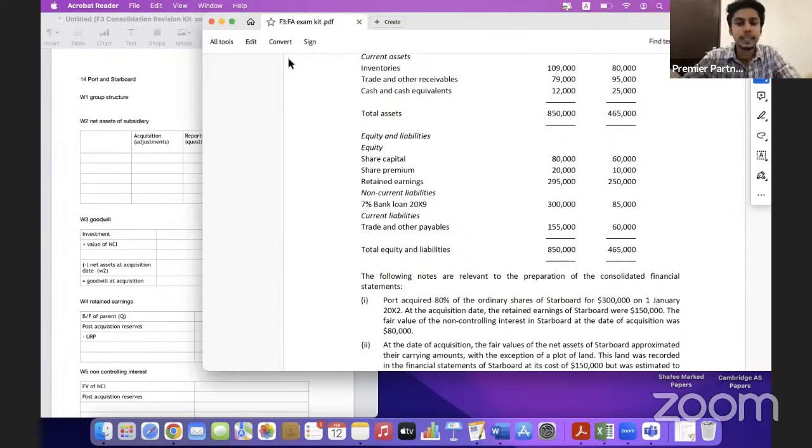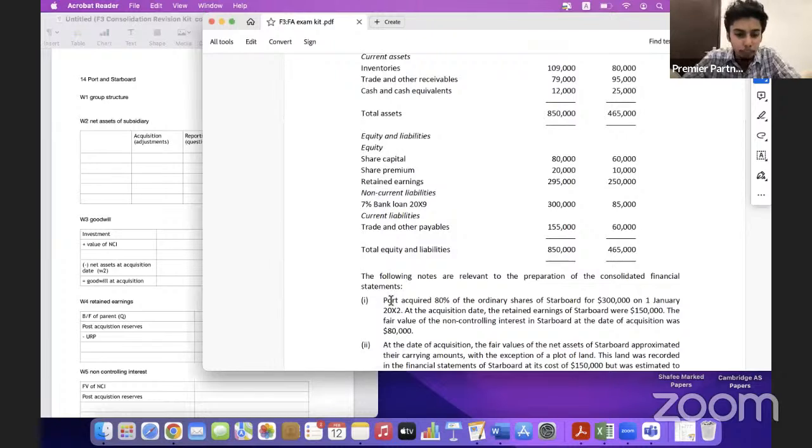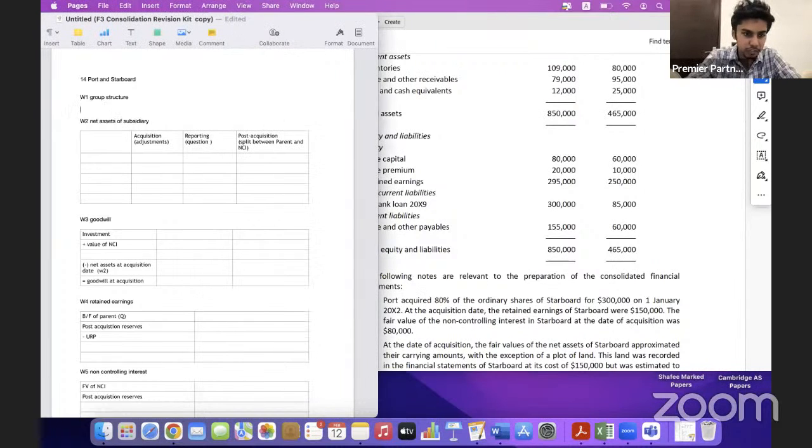Then let's start updating the group structure. In my question, Port acquired 80% of Starboard. If we buy 80%, how much percent is left? 20% is left, right? That 20% will become NCI. That's the percentage of the company that we don't control.